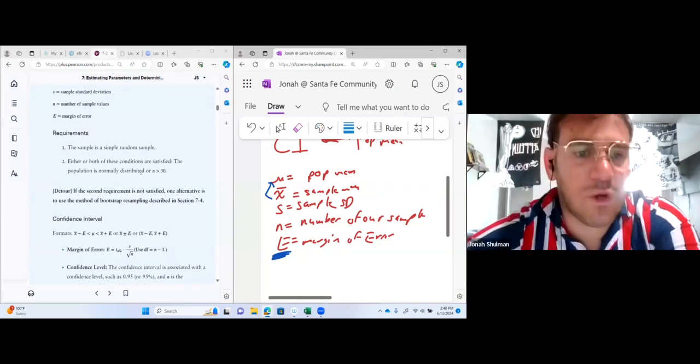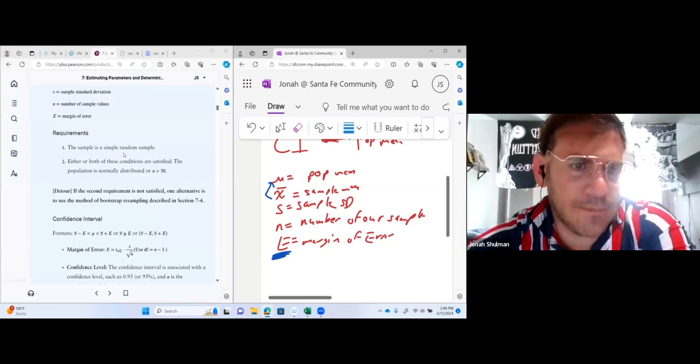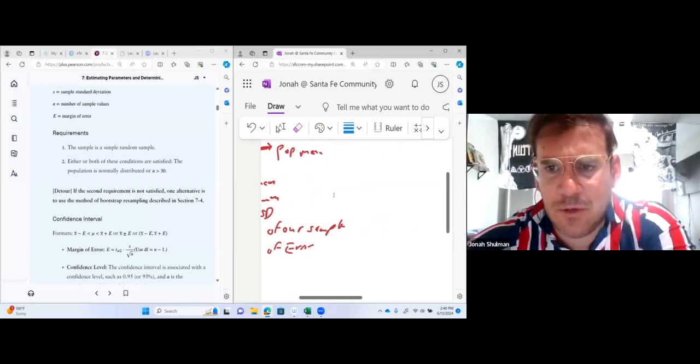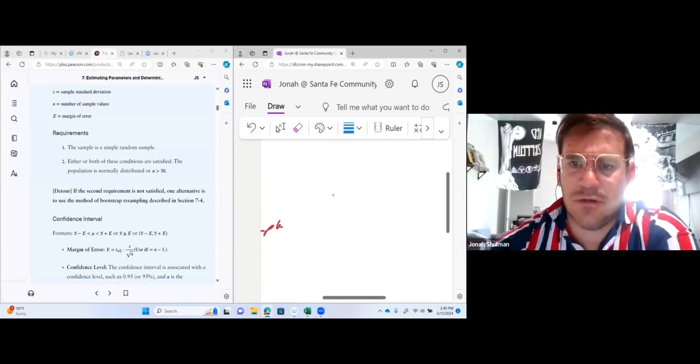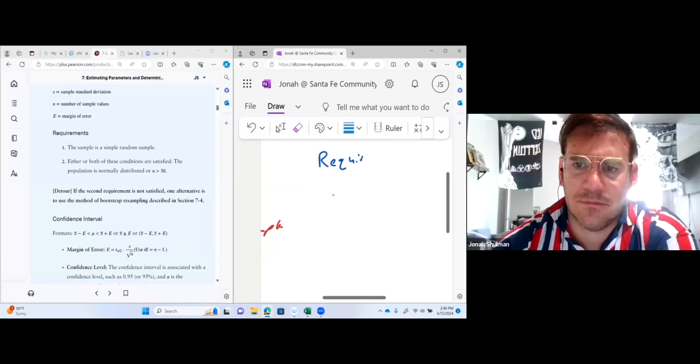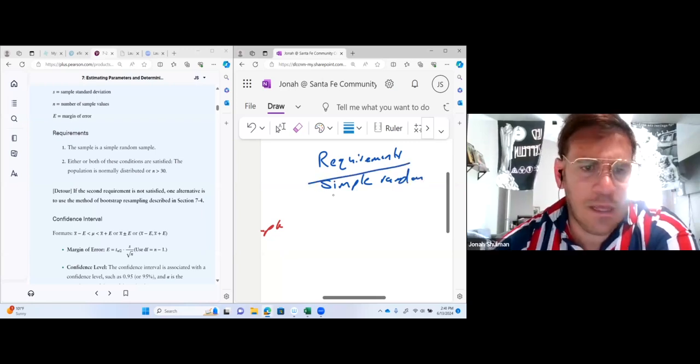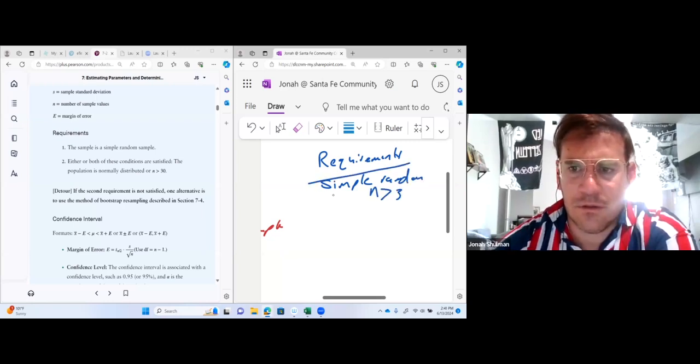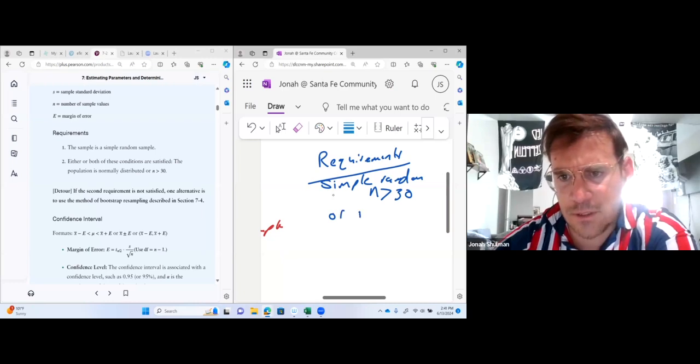All right, these requirements, not nearly as crazy as the last one. We just have to make sure of the requirements. As long as we have a simple random sample and we have over 30, or it's a bell curve.